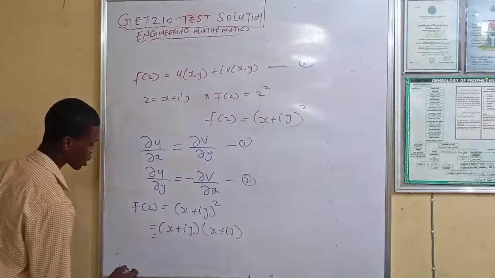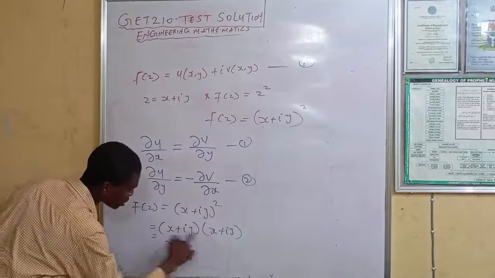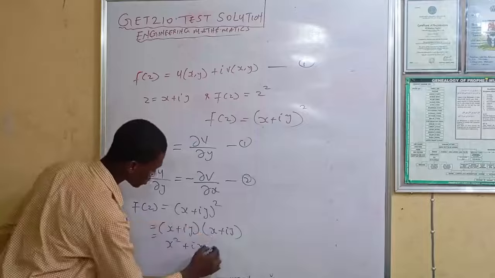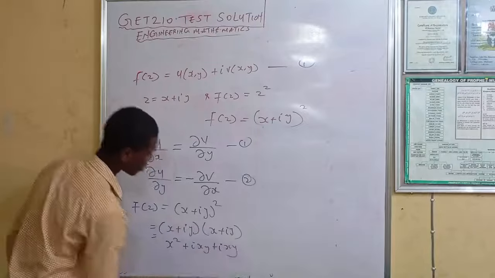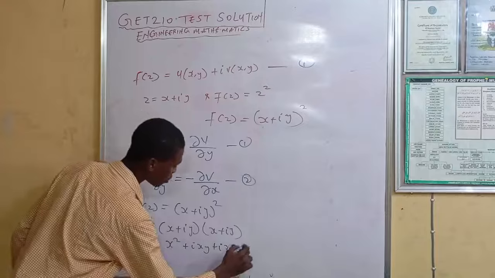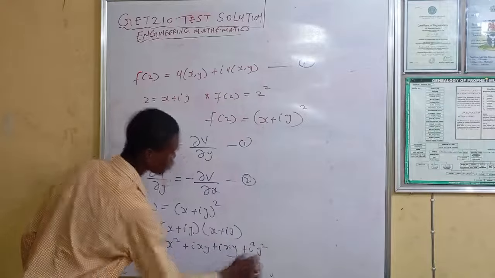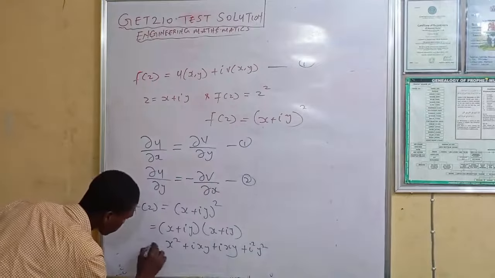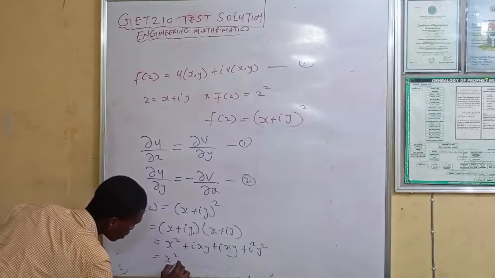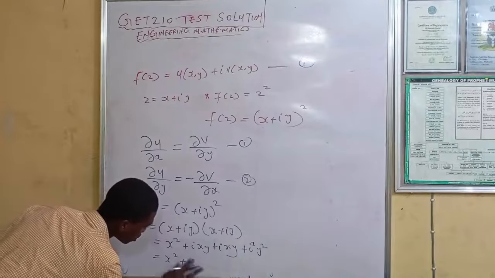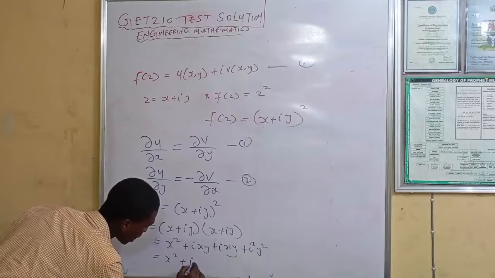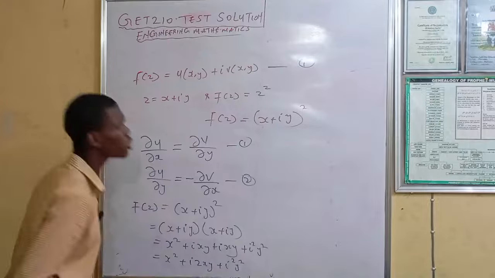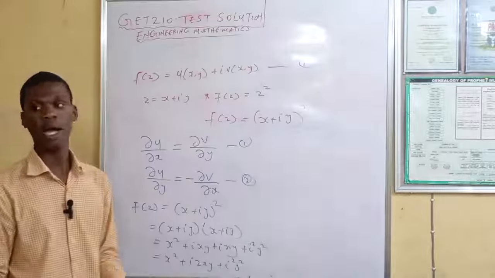This gives x squared, plus ixy, plus ixy, plus i squared y squared, which is x squared plus 2ixy plus i squared y squared. But recall, in complex numbers, what is i squared?